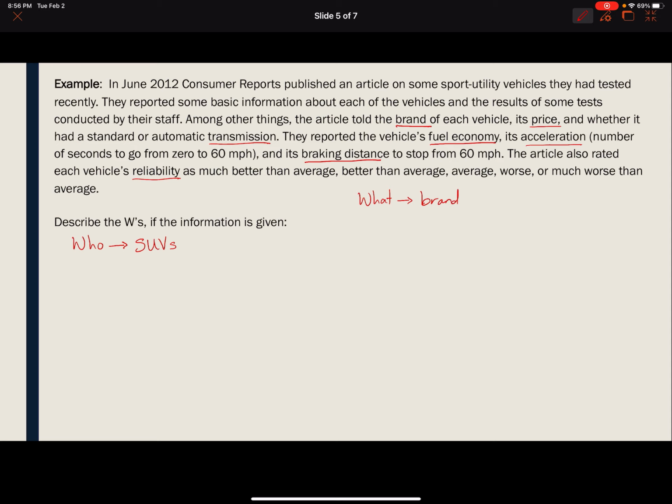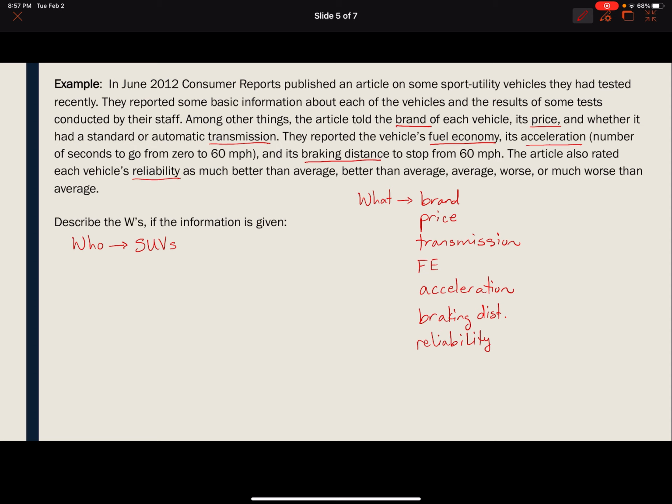So we have brand, price, transmission, fuel economy, acceleration, braking distance, and then reliability. All right, I'm going to classify those in a minute.